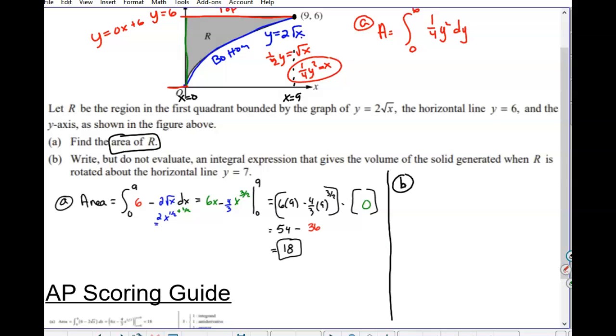So I'm going to draw a quick sketch. We know that's 6. If I have the equation y equals 7, and I rotate this up, I have a straight line here.